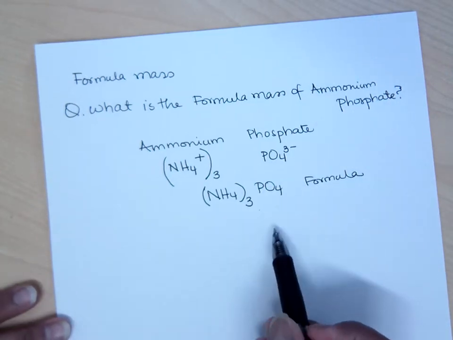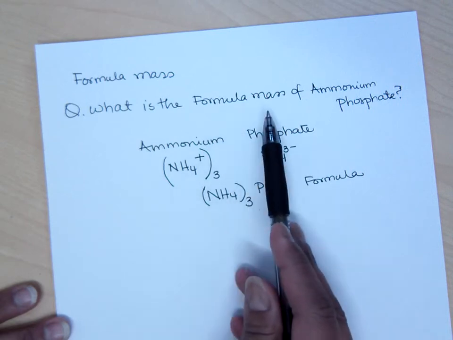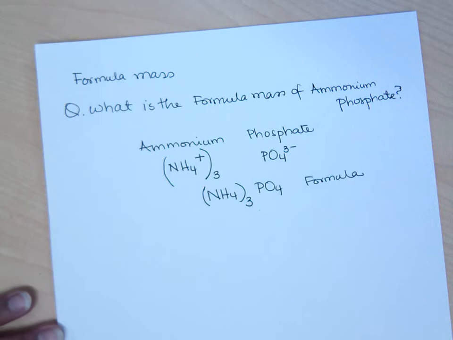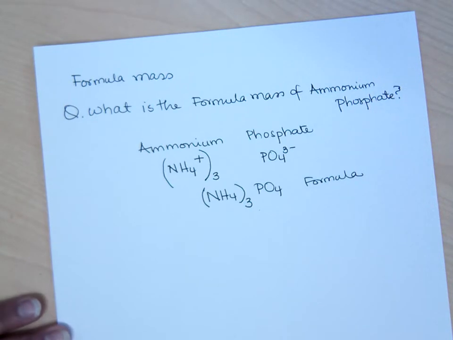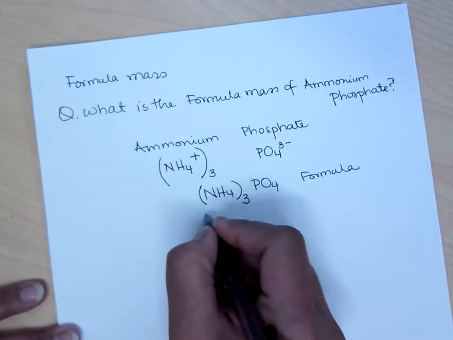The question never asks us to find the formula, but to find the formula mass, we must first find the formula. Okay, once we have the formula, we need to recognize what this formula means.